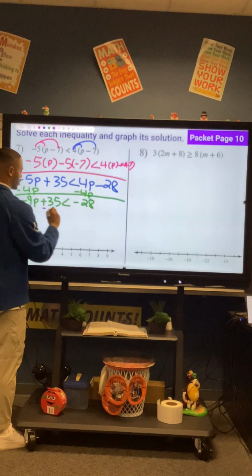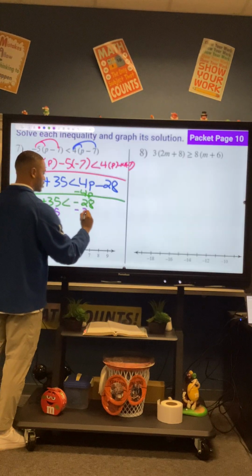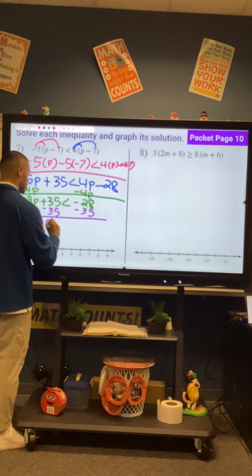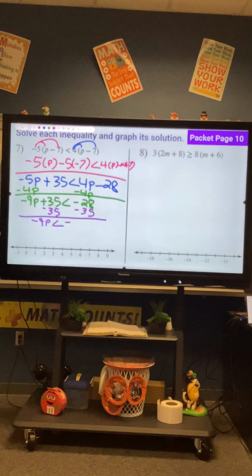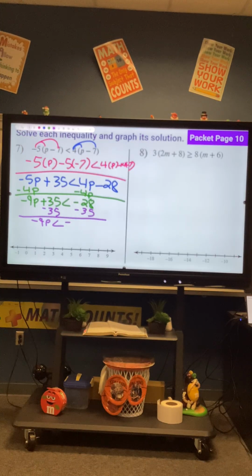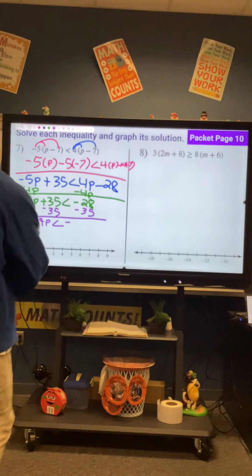Now I subtract 35 from each side. So -9P is less than a negative, need my calculator, -63.